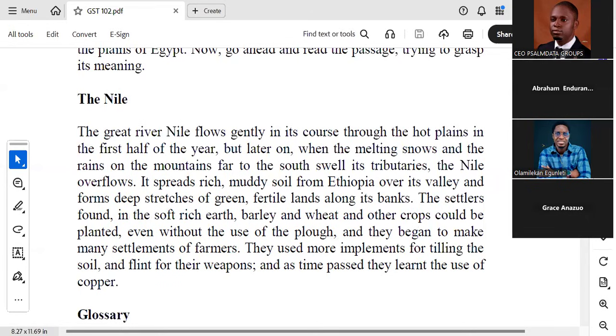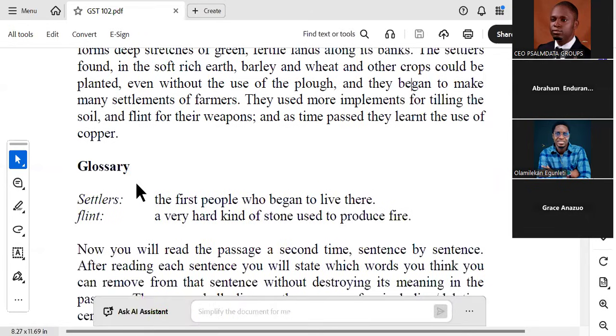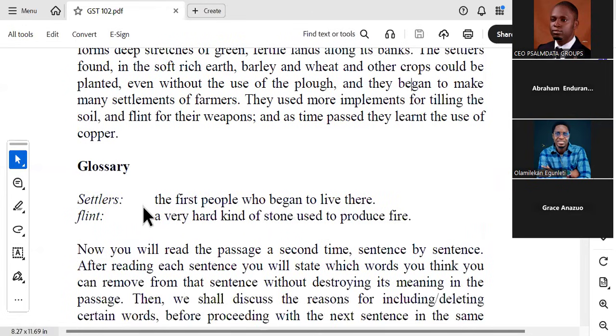Now let's leave all of this and go to something important. We have the glossary here. Two things you are supposed to learn if you don't know the meaning. Settlers, those are the first set of people who began to live in a place. So when you have a site, the first set of people that arrive there, build their houses there and start living there, those are the settlers.